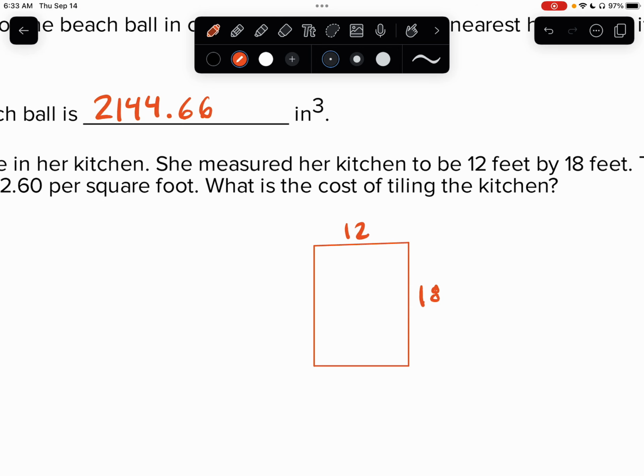So what I'm going to do is find the area of the kitchen and then multiply that by $2.60 to figure out, first of all, the square footage, and then how much it's going to cost for that square footage. So 12 times 18, do that in my calculator, is 216.